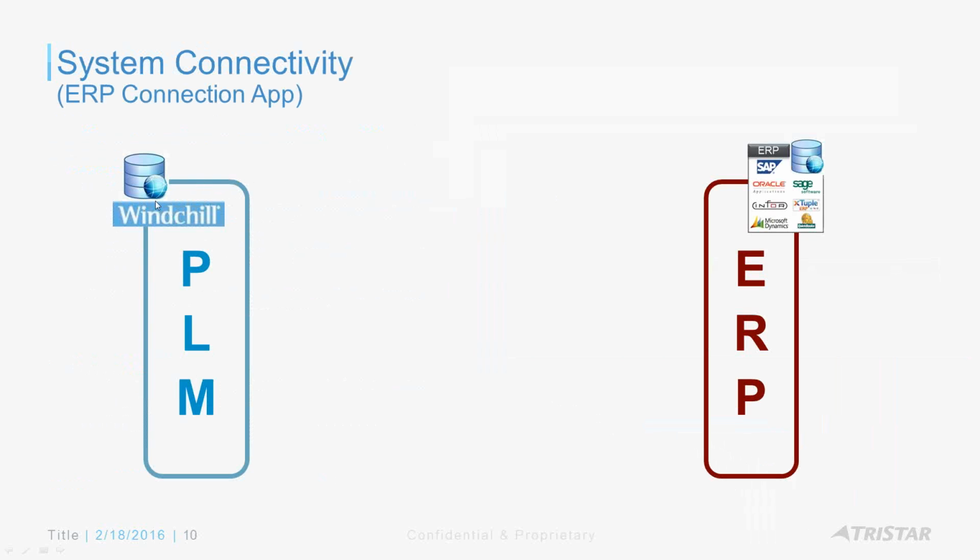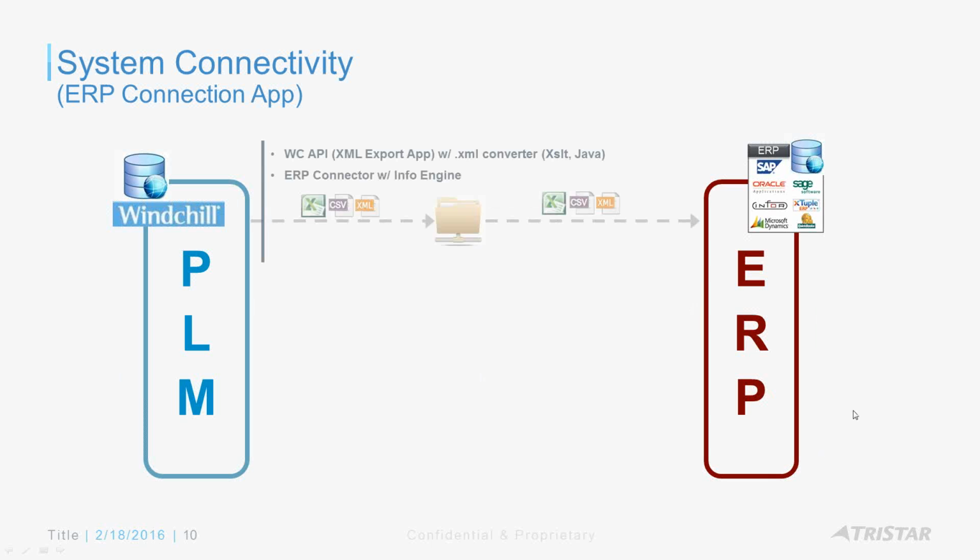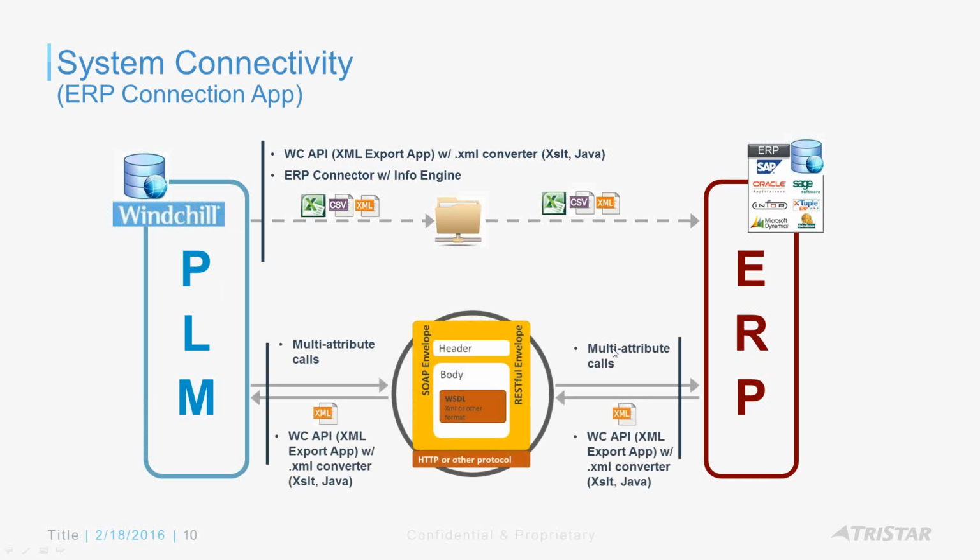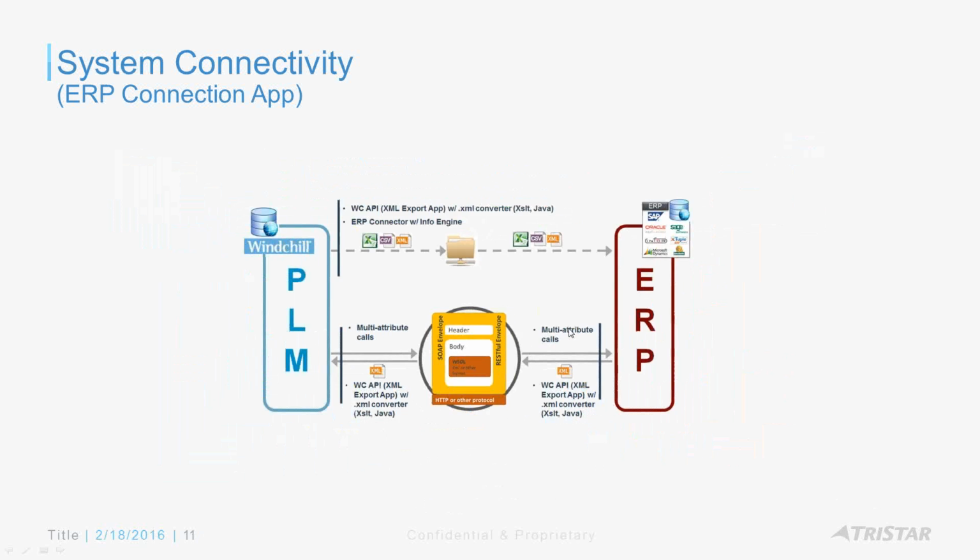Now I also want to take a look at system connectivity. One example is how we can connect Windchill information with other systems like the ERP system. One example is to create a compatible export file out of Windchill to push into ERP. Another is to enable a bidirectional link or a more automated link through services like web services and protocols that communicate within various systems.